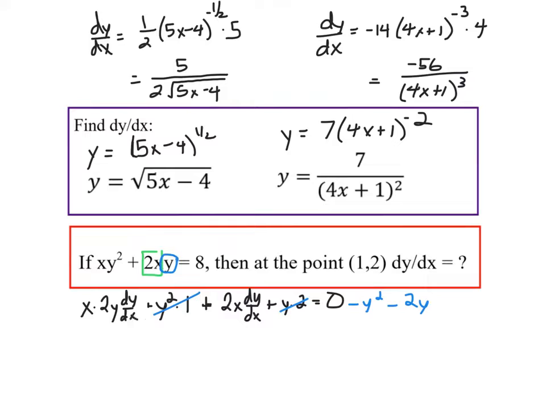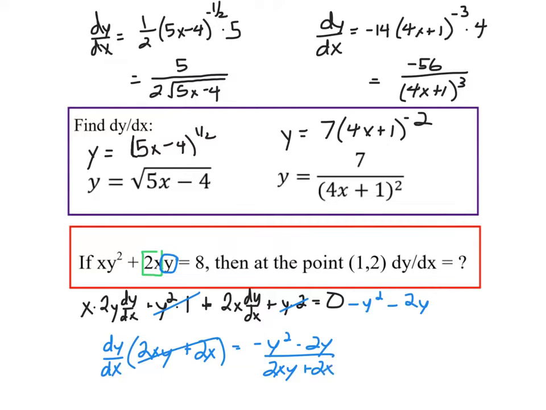So if I factored that out, I would have 2xy plus 2x equals negative y squared minus 2y. So dividing both sides, there is my derivative.